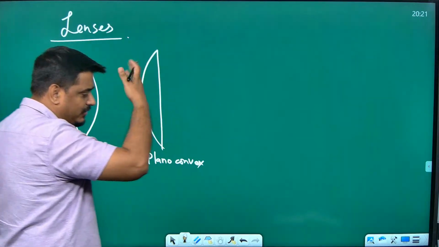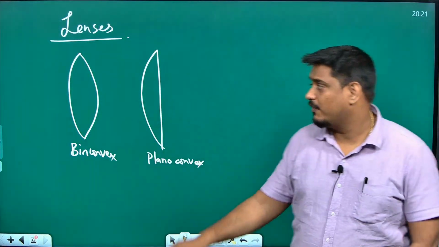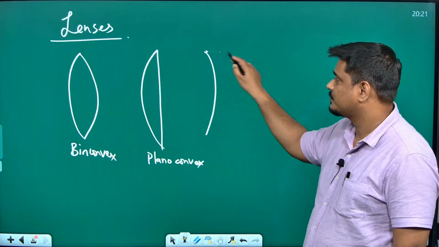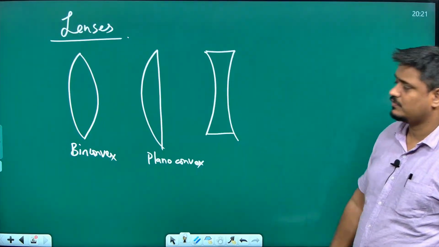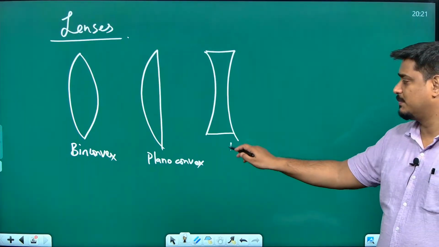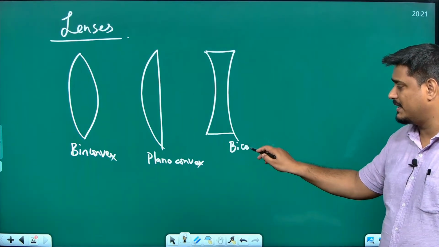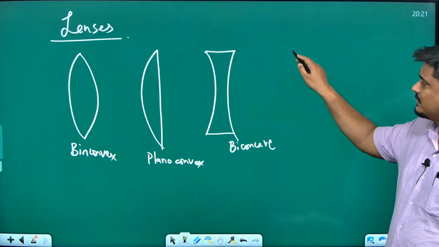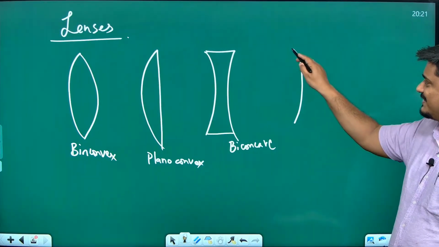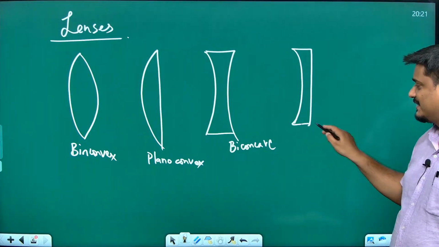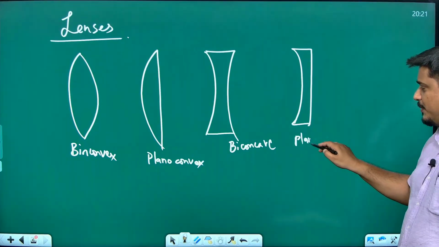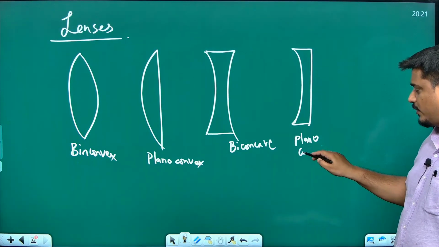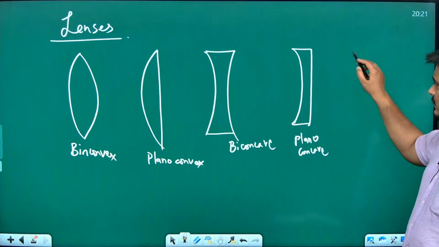One side plane, one side convex. Same way, what will be this? It's biconcave because both sides are concave. And what about this? Let me draw here. Yes, it is plano concave. What about this?